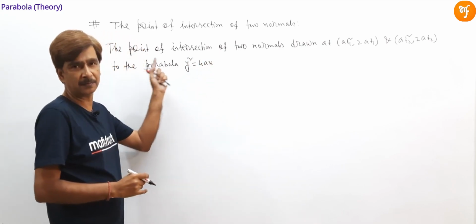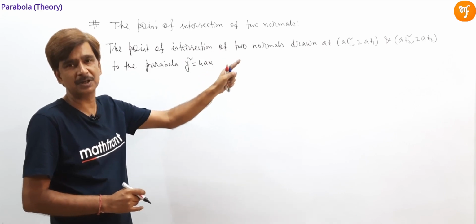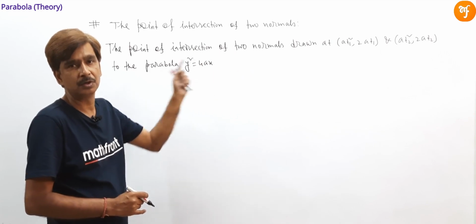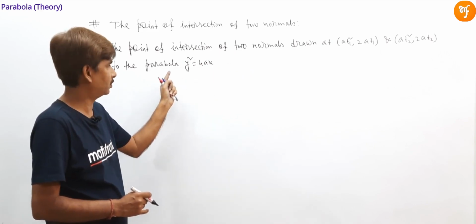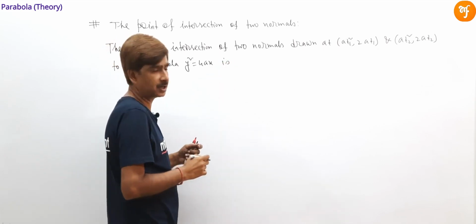So the point of intersection of two normals drawn at (at1², 2at1) and (at2², 2at2) to the parabola y² = 4ax is, what is the point of intersection?